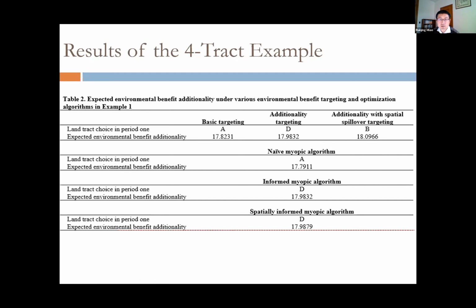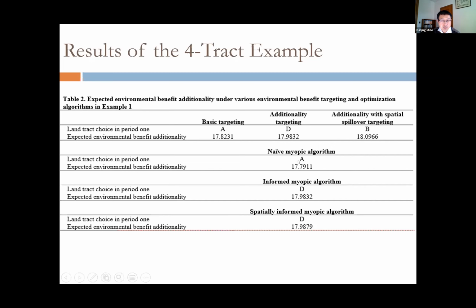In the lower panel of this table, we show the easement acquisition result under some heuristics. The first one is a naive myopic algorithm. In this algorithm, the easement manager will just pick, among the available land parcels, the one with the largest environmental benefit value, without considering the conversion probability or spatial spillover effect.